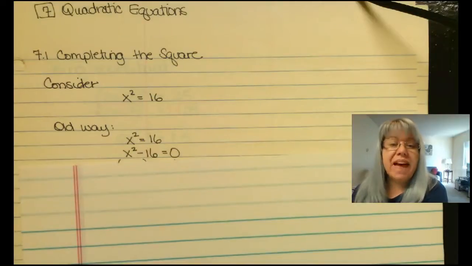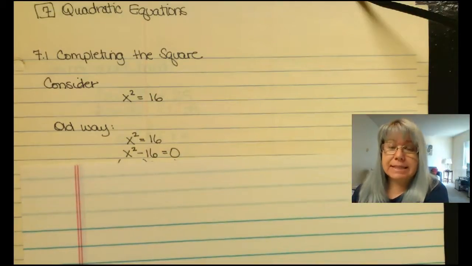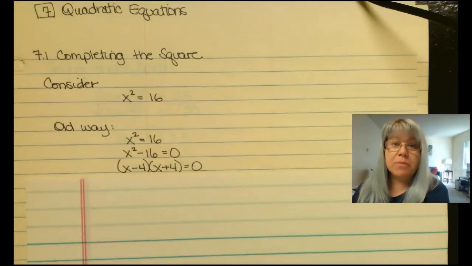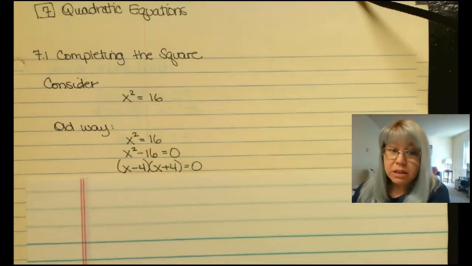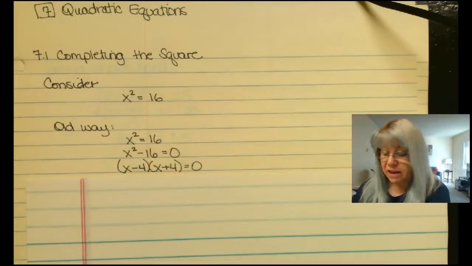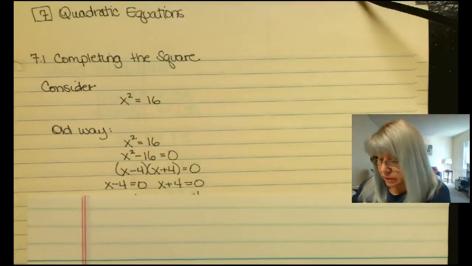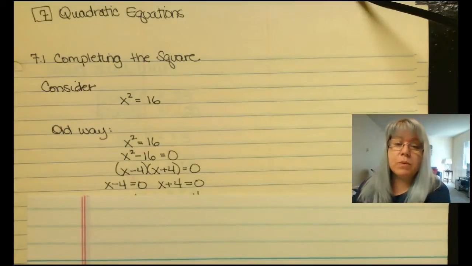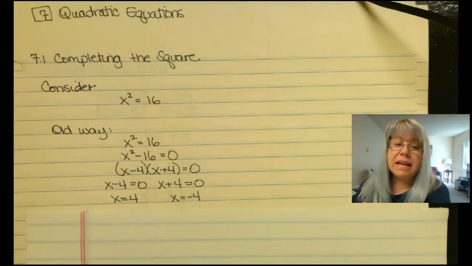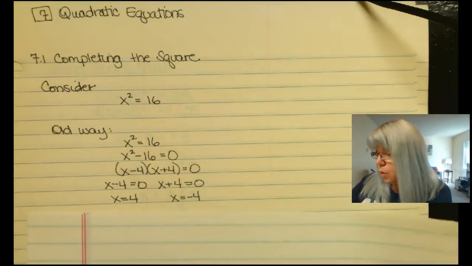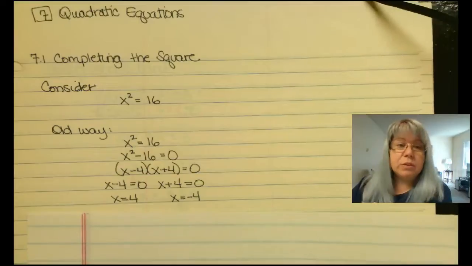And then we're going to factor x squared minus 16 into x minus 4, x plus 4. We're going to use the zero factor property to solve each one of these factors. x minus 4 equals 0, and x plus 4 equals 0, giving us x equals 4 and x equals negative 4. So that's our old way of doing things.